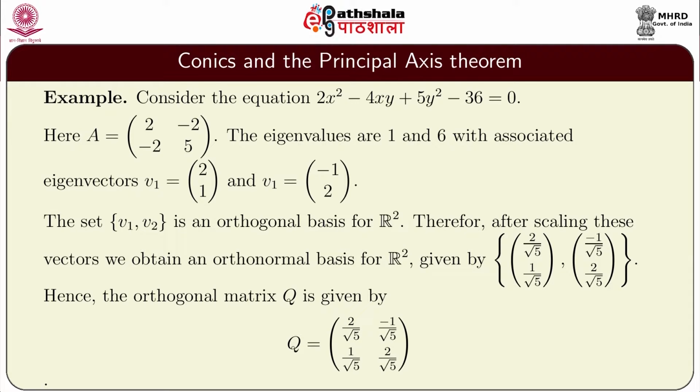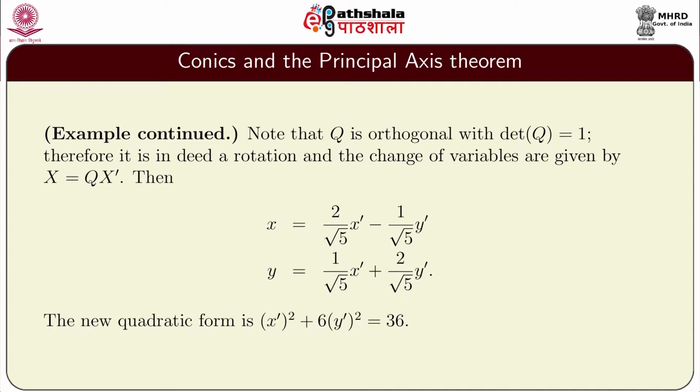And therefore, the orthogonal matrix Q, which is the basis change matrix, is nothing but 2/√5 and -1/√5 in the first row and 1/√5 and 2/√5 in the second row. Note that the matrix Q is orthogonal and the determinant of Q is 1.